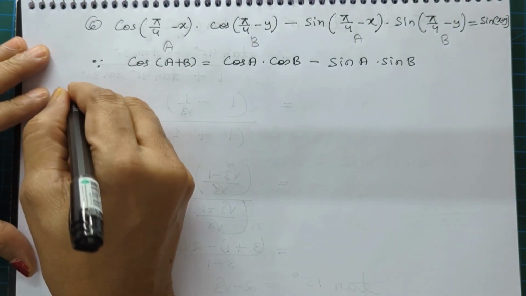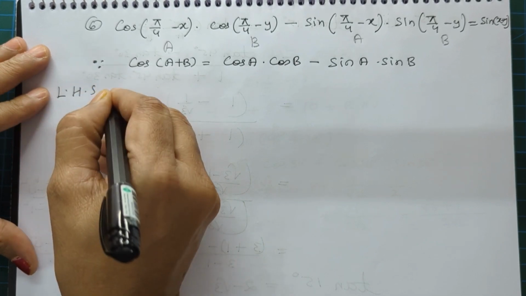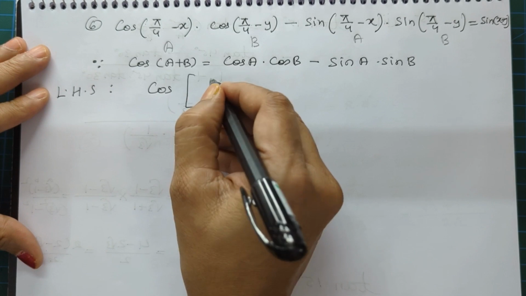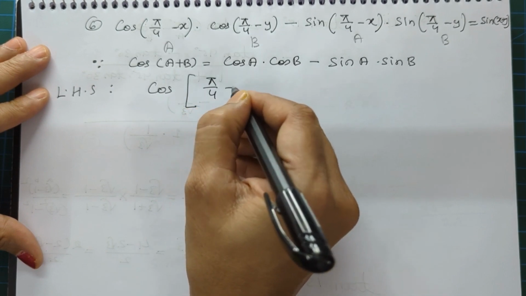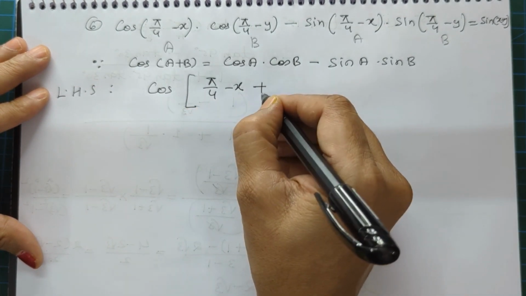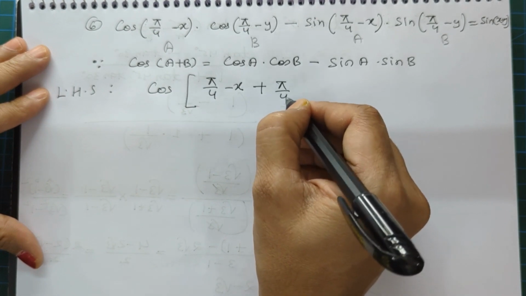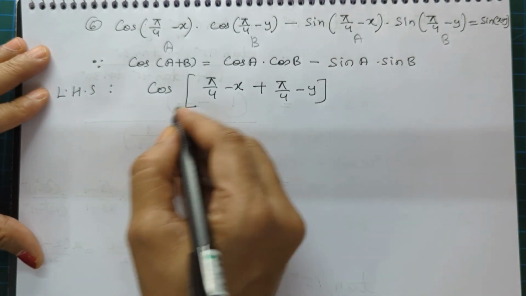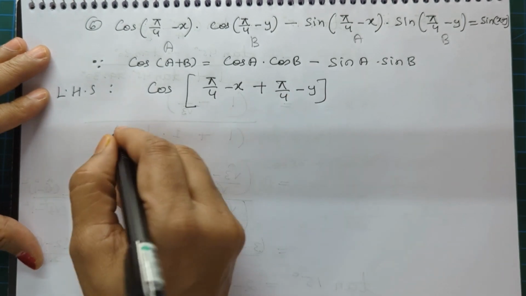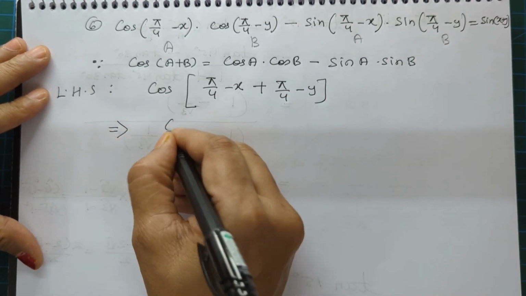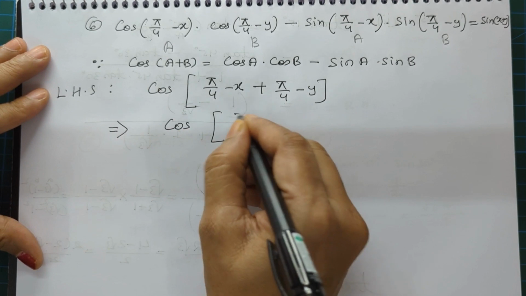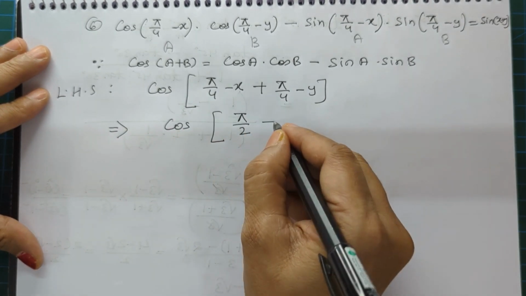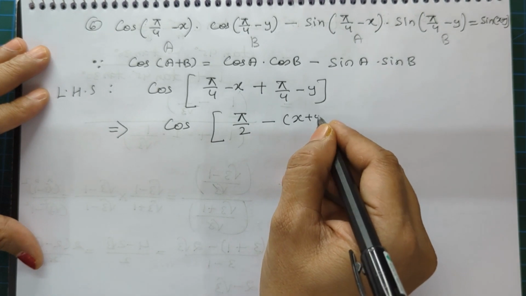So now the left hand side. Its condensed form is cos of A plus B, where A is pi by 4 minus x and B is pi by 4 minus y. So pi by 4 plus pi by 4 is pi by 2, and we have cos of pi by 2 minus x minus y, which is minus of x plus y.